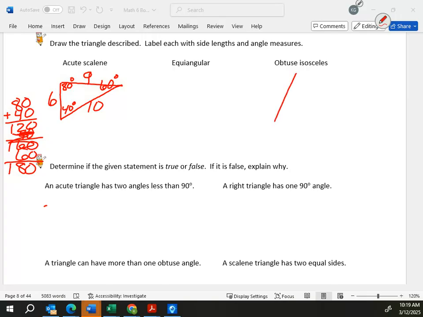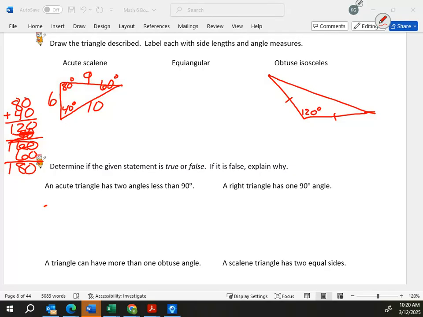Here's the thing with my isosceles triangle. We need an obtuse isosceles. So I have two sides that are the same. When I have two sides that are the same, what else am I gonna get? Any guess? This is an obtuse, so this would be, let's say, 120 degrees.